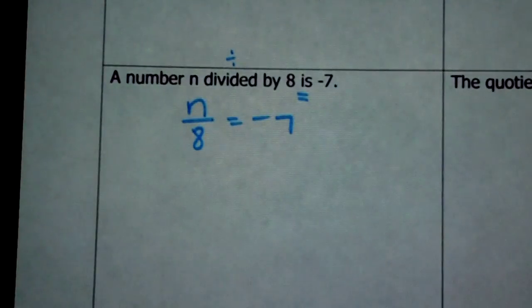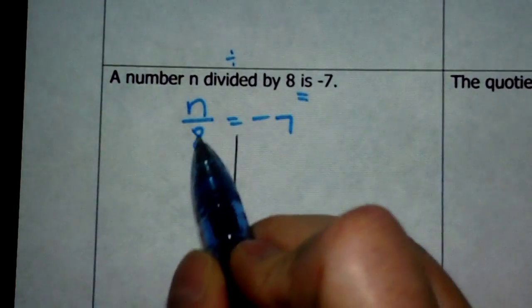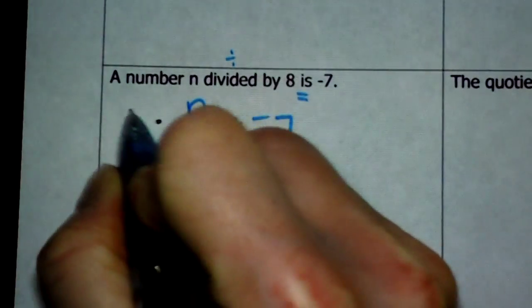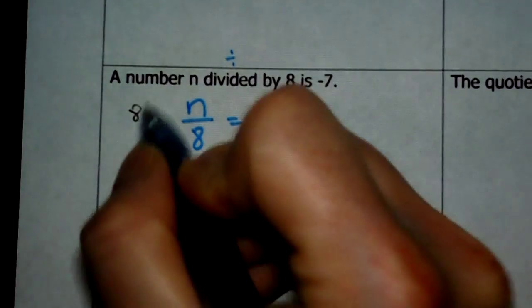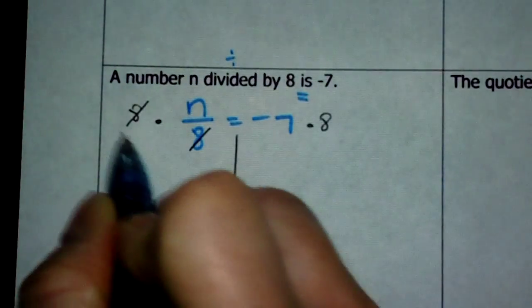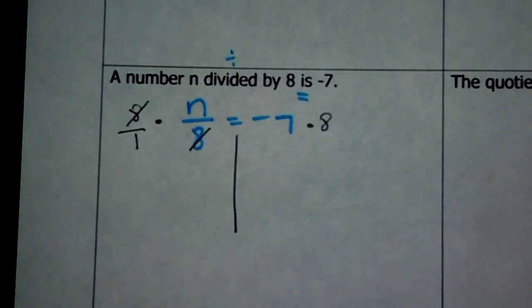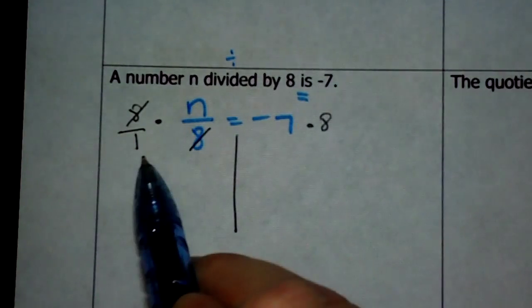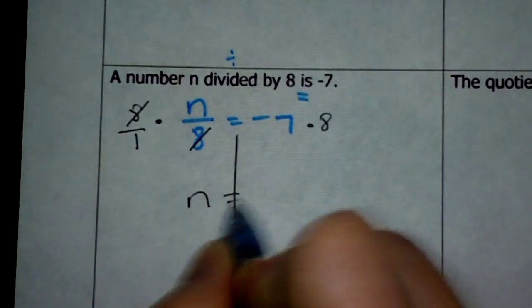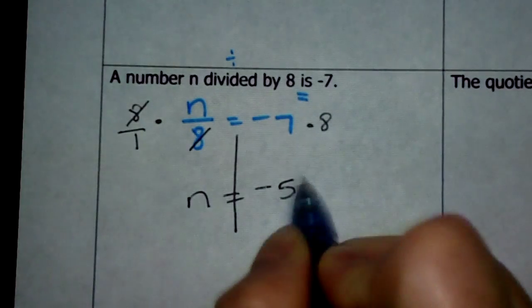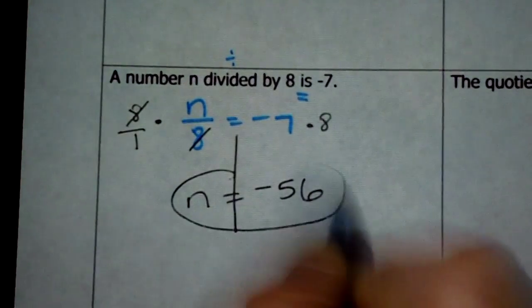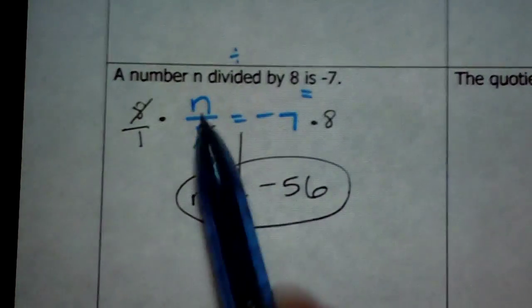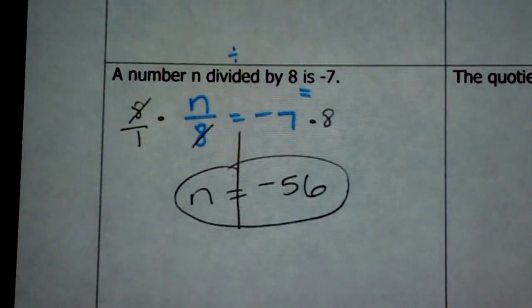And in order to solve this, whatever n is being divided by, we multiply both sides by that same exact amount without changing any signs, so that I can cross cancel that same amount, because remember, it's really like 8 over 1 times n over 8. And n divided by 1 is n. And negative 7 times 8 is negative 56. At least it's got a 5 in it. It made the answer come out to 5 this time. So n is negative 56. And negative 56 divided by 8 is negative 7, so it's good.